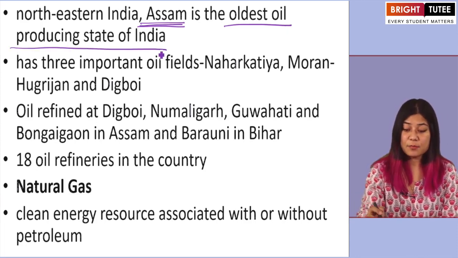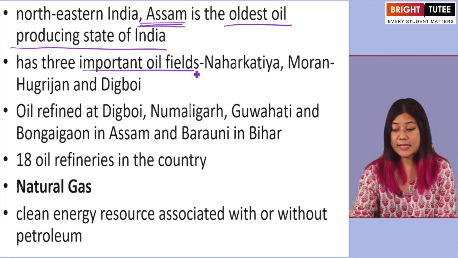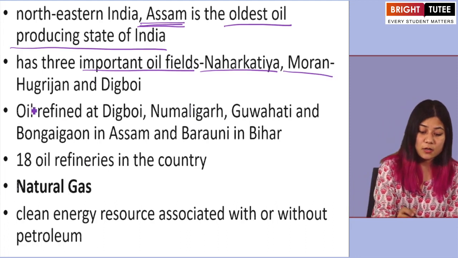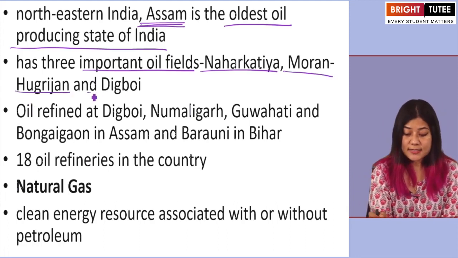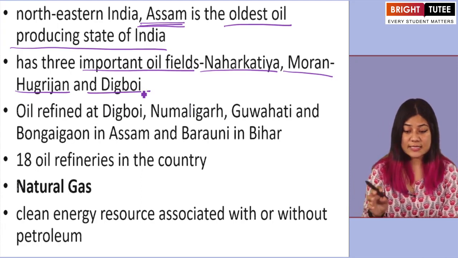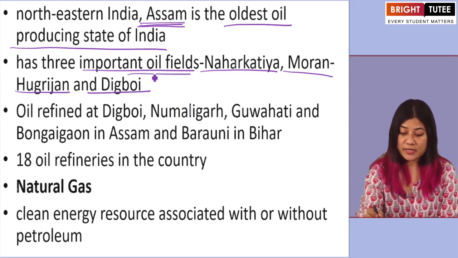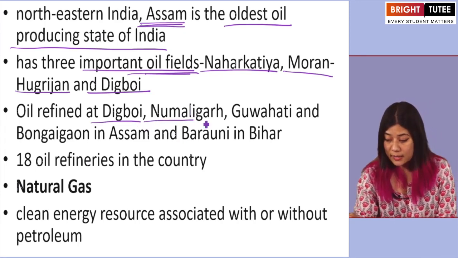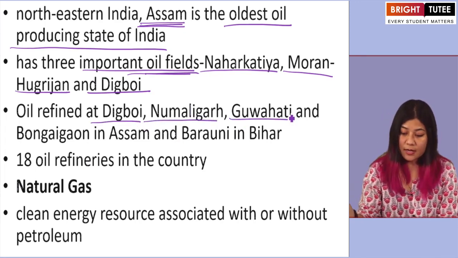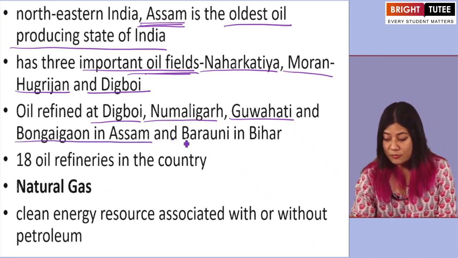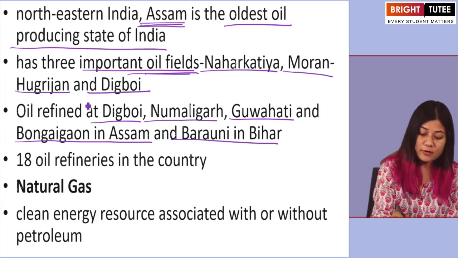It has three important oil fields, and they are Naharkatia, Moran-Hugrijan and Digboy. And the oil that is found in these three oil fields is brought to Digboy, Numaligarh, Guwahati and Bongaigaon in Assam and Barauni in Bihar for refining.